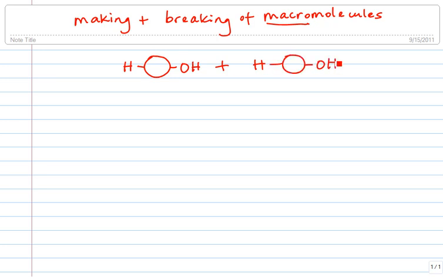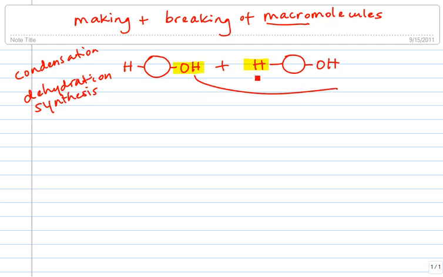So when you put these together, that is known as dehydration synthesis, sometimes also called condensation. The dehydration part means that you're going to be taking away an H2O, and the synthesis part means that you're going to be forming a new bond.